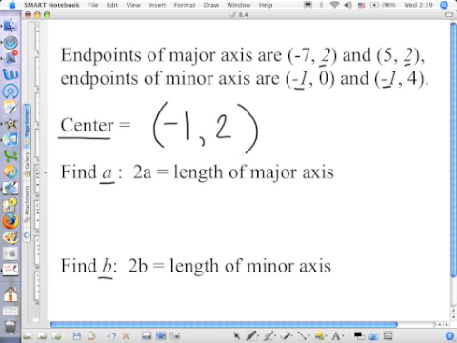It's because an axis sits on the same vertical or horizontal line, and the other one goes across. So if you have 2 points where the 2 y's are the same, that's the y coordinate of your center. And if the 2 x's are the same, that's the x coordinate of your center. Oh, yeah, that makes sense.